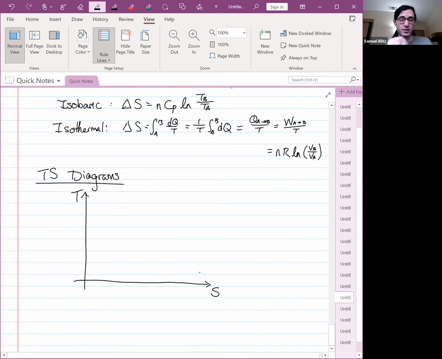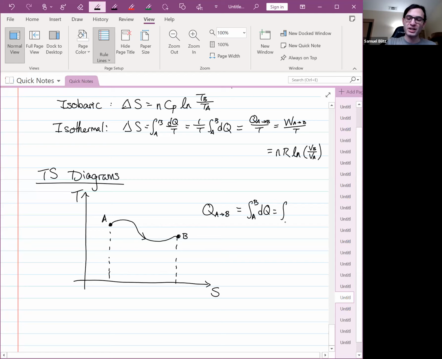against S. And again, you just have states, state variables. At each state, you'd have some value of entropy and some temperature. And then you can find that the heat that flows into or out of the system from A to B is just an integral of dq.